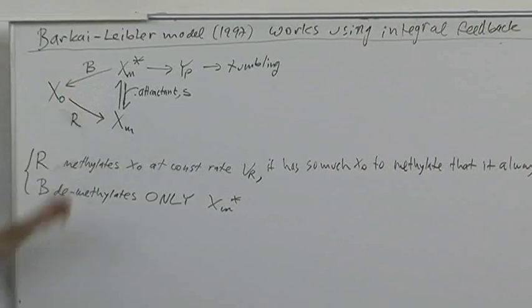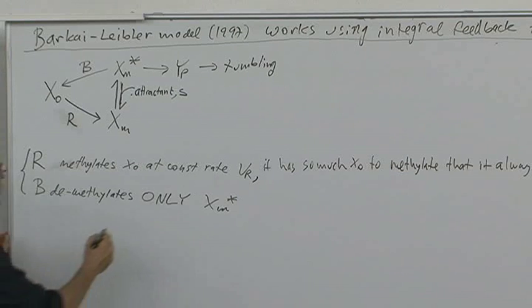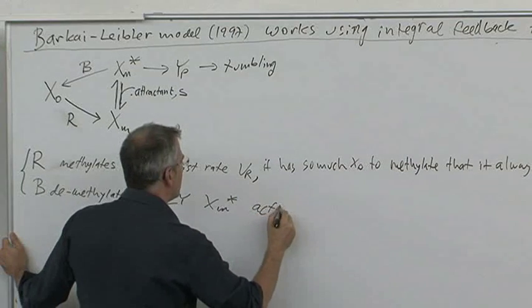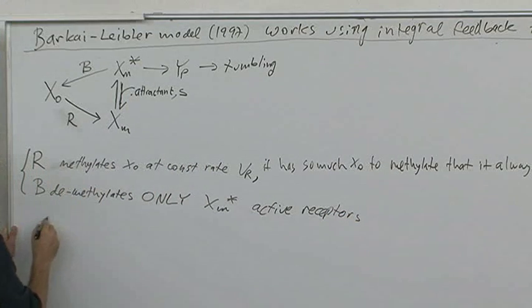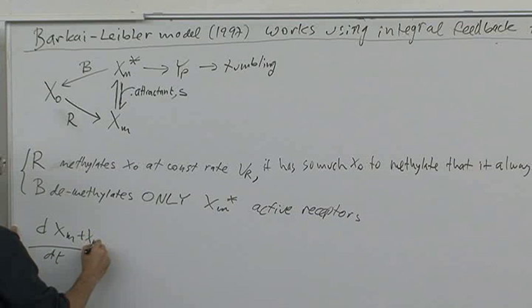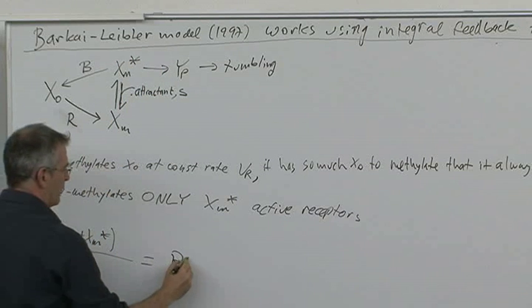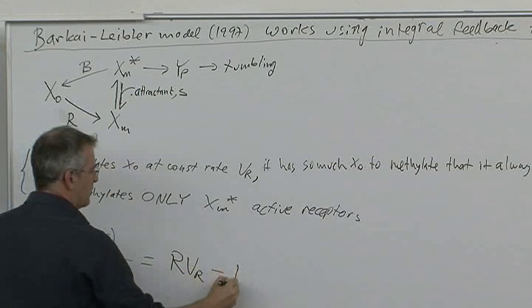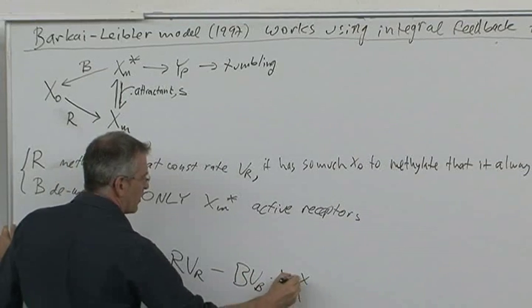And B demethylates only the active receptors. So let's just write down this equation for this situation. The total amount of methylated receptor, active and inactive: the total amount of methyl going in here is going to be R times its rate minus B times the active receptor.